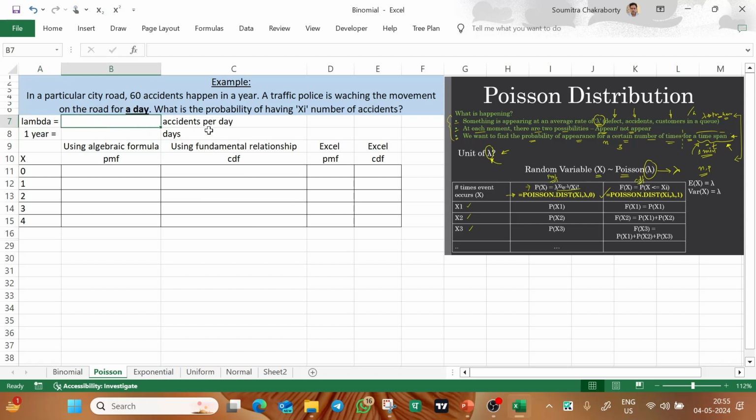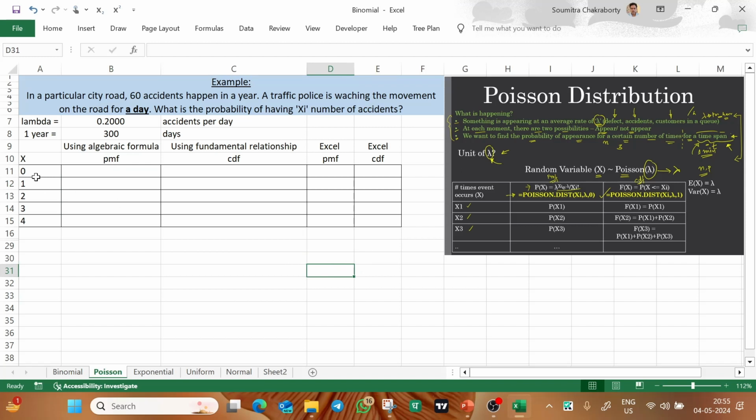So we have to write lambda in terms of accident per day. And so assume that 1 year is equal to 300 days, and then divide 60 by 300, so that 0.2 accidents per day should be our lambda, which can be entered here in the formula for PDF and PMF and CDF.